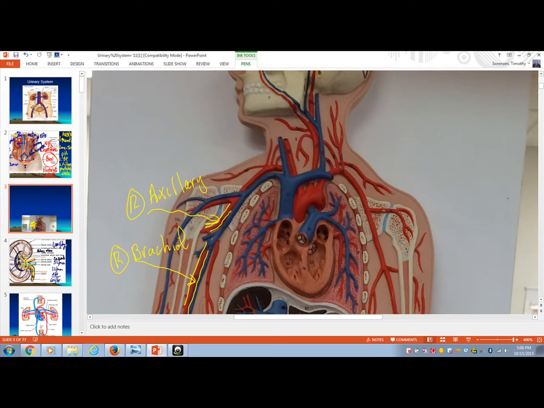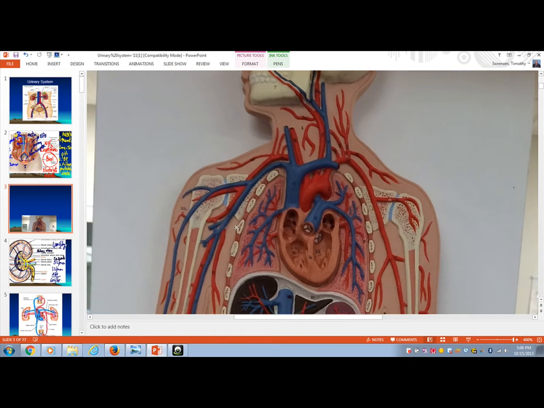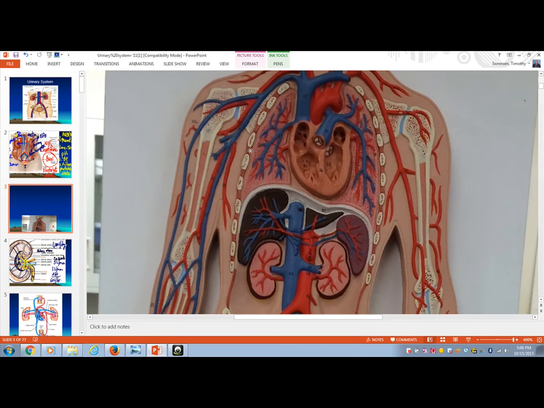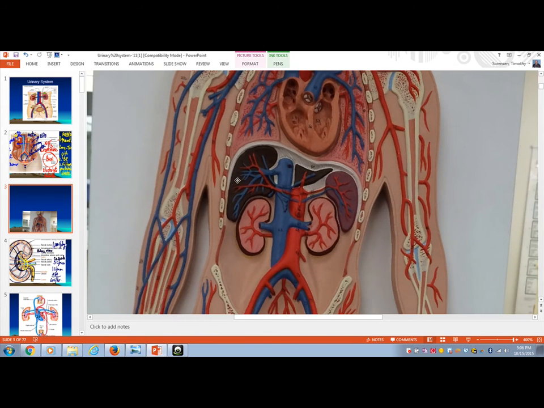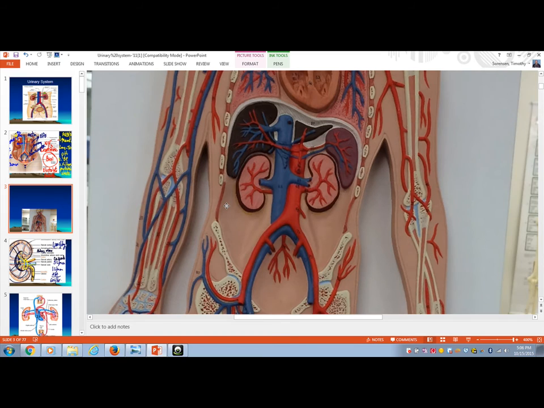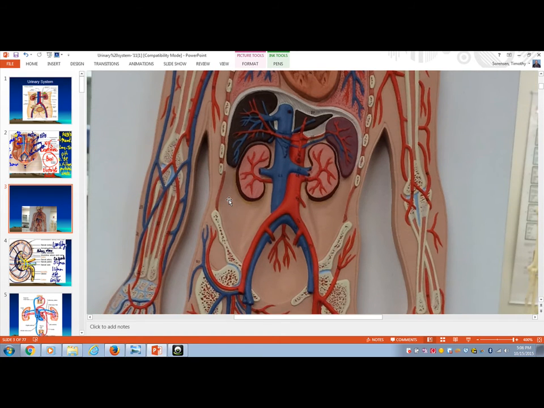Let me get rid of this. So we move farther down the arm. Right brachial artery.